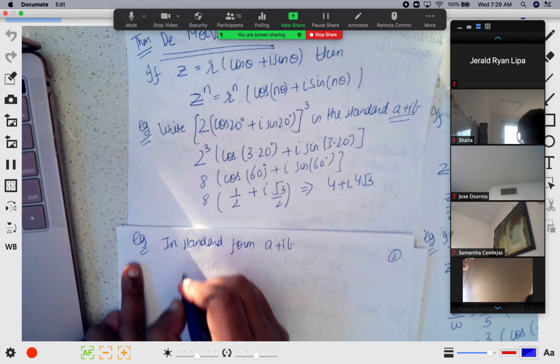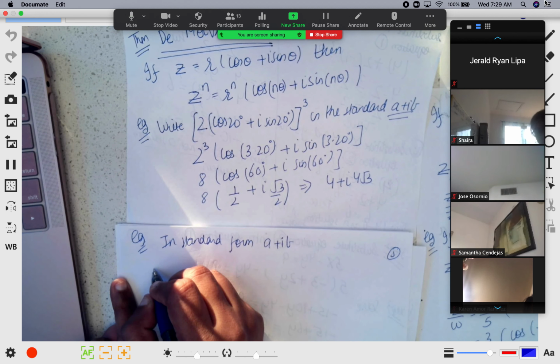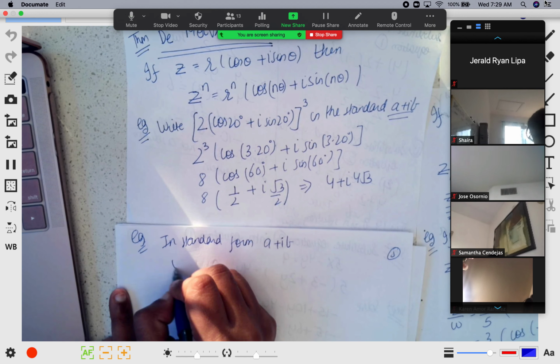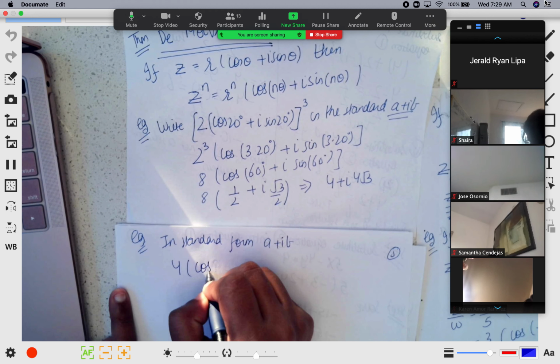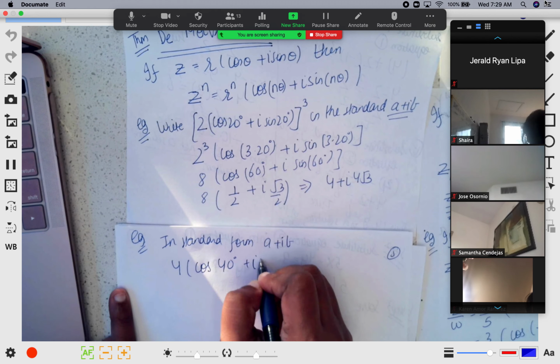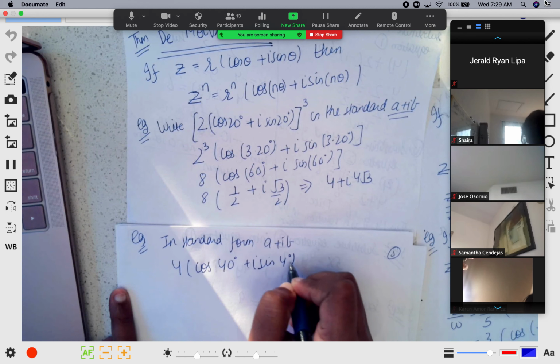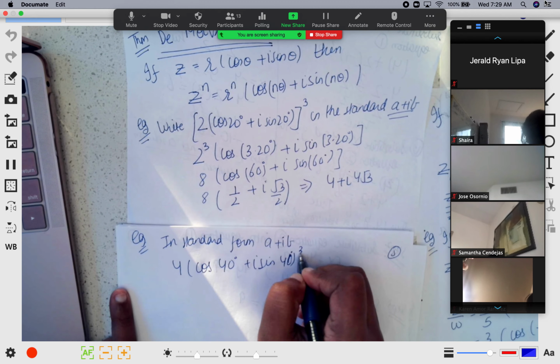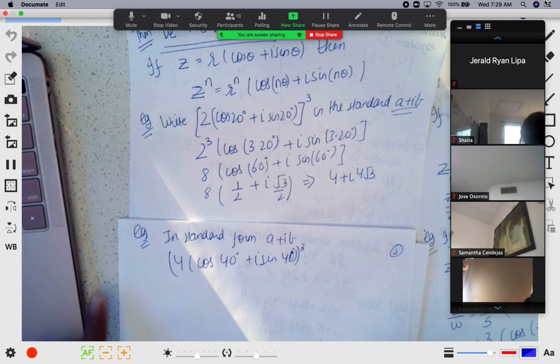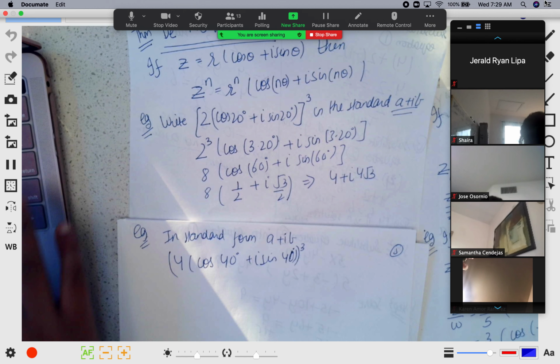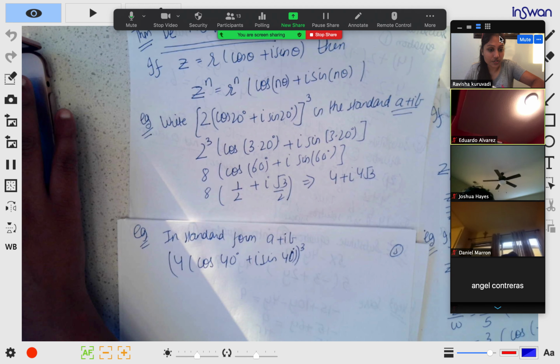You have to find 4 cosine 40 degrees plus I sine 40 degrees to the power of 3. Christopher? Not really sure how to start this. Hello? Hello, Christopher?